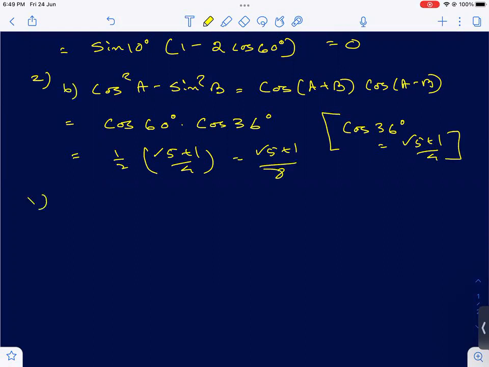3. In case of 3, just let us see, A minus B equal to pi by 4 is given. So let us take tan A minus B, take tan on both sides. Tan(A minus B) equal to tan pi by 4.